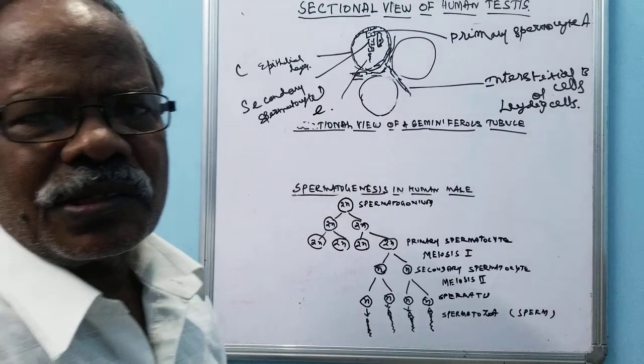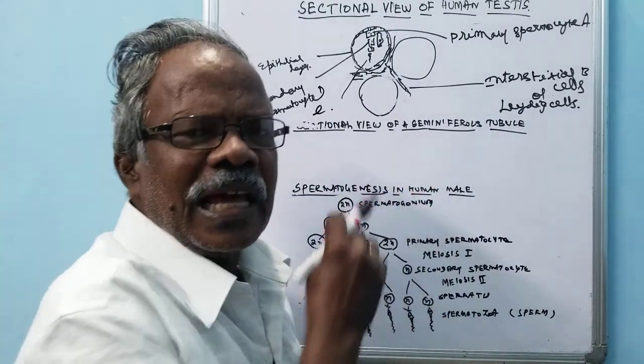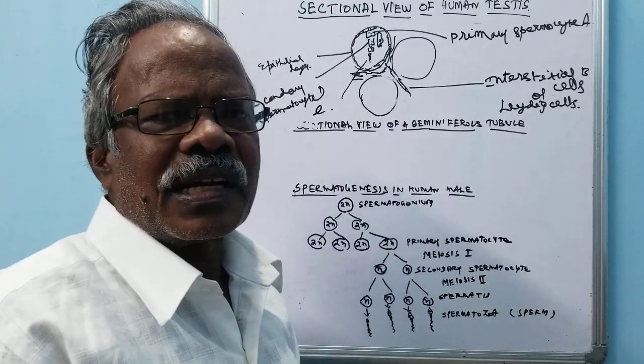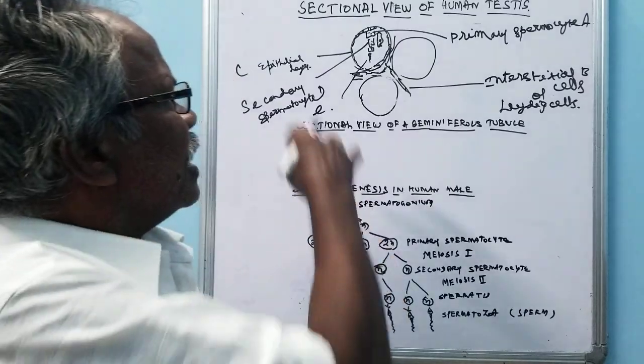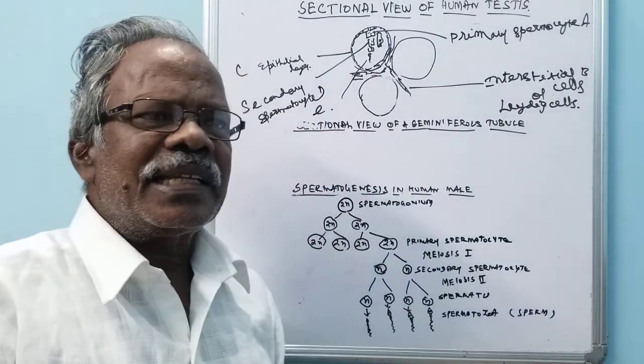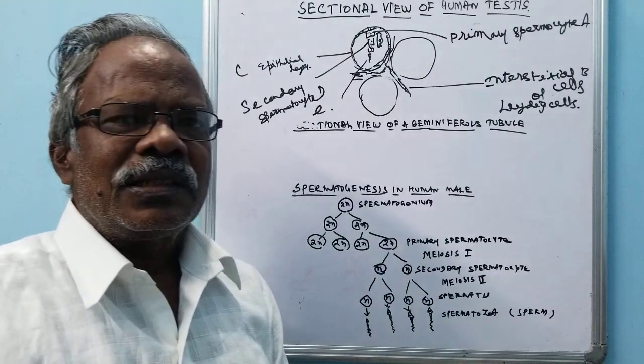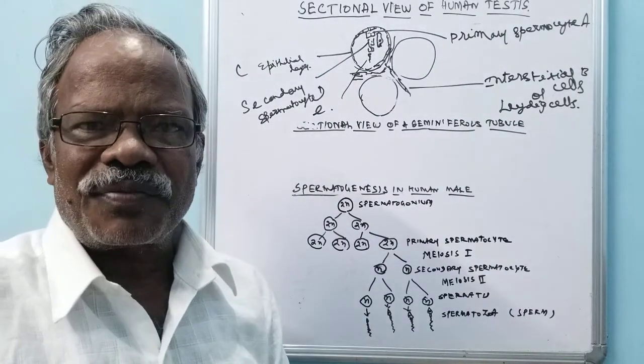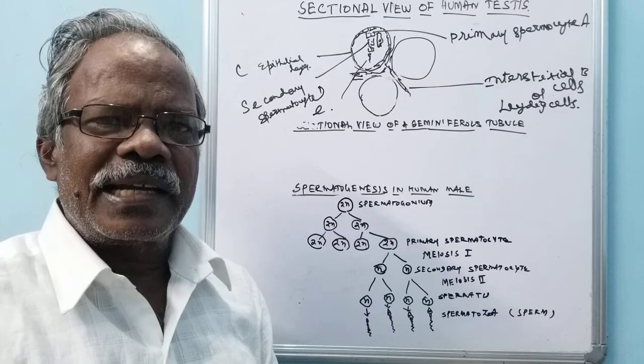They will ask you to label, and they will also ask the function. So like that, in the sectional view of the human testis, we can see the seminiferous tubules, two or three seminiferous tubules found among the Leydig cells.